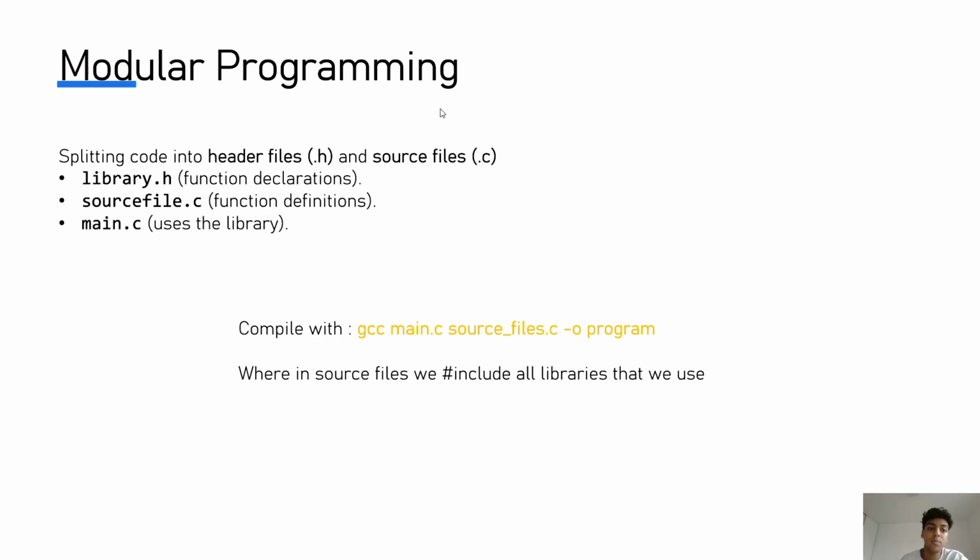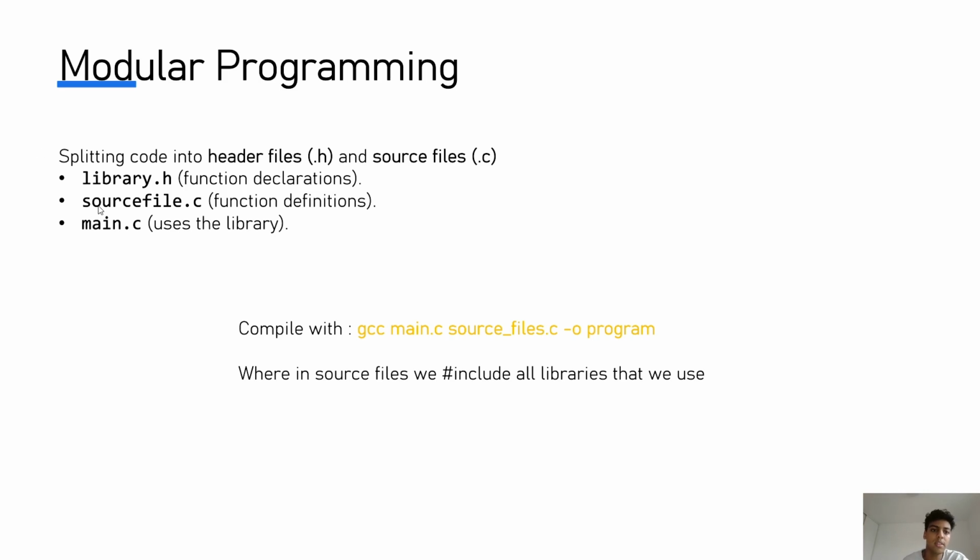Modular programming is a way to make our code easy to read and easy to manipulate. We can go ahead and define some libraries, source files that store functions that are used systematically, and main.c, another file that is the main of our program.